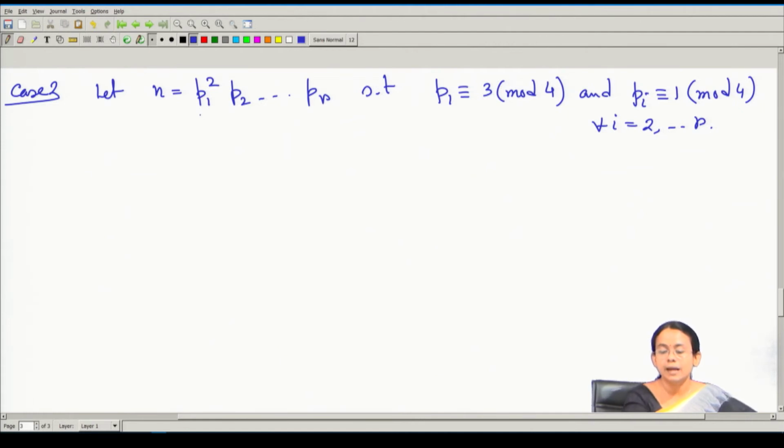So, you can see that if this p1 is congruent to 3 mod 4, that means it is irreducible in Z[i], and its norm is nothing but p1 square. So, in that case what will be the choice?